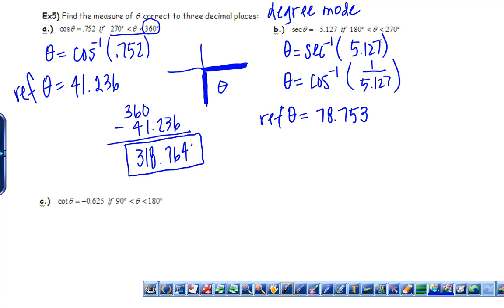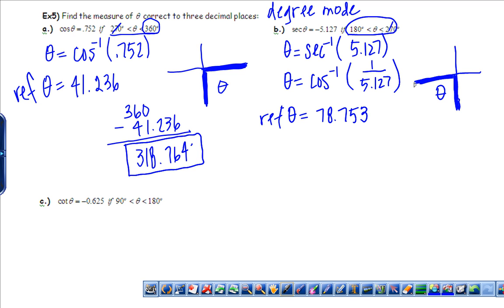Now that you have a reference angle, you look at this restriction. On your graph, I want it to fall between 180 and 270. So I want my angle in here. So what do you have to graph to get a reference angle of 78 degrees? Remember what numbers we never used. We never used 270. Why did we not ever use that? Because your graph never falls on your y-axis.